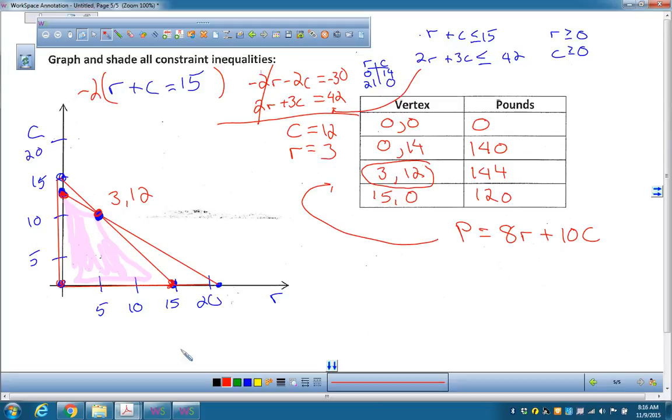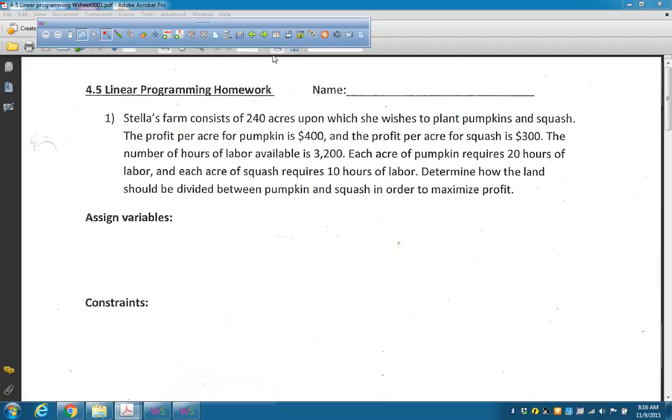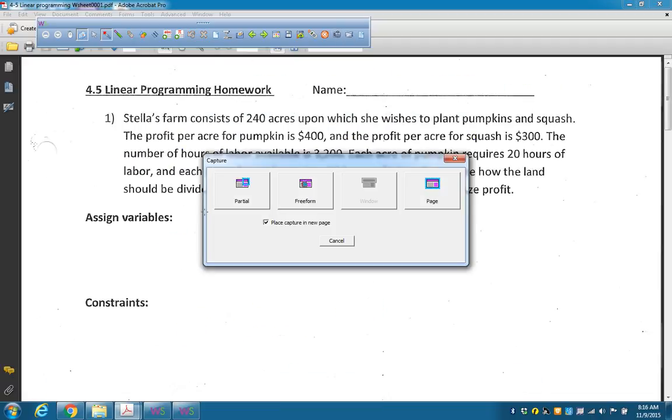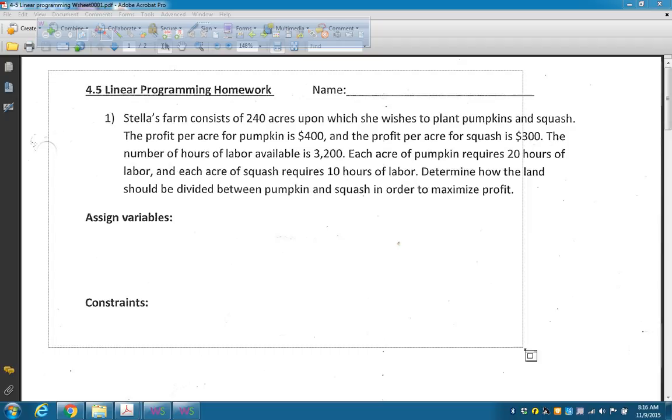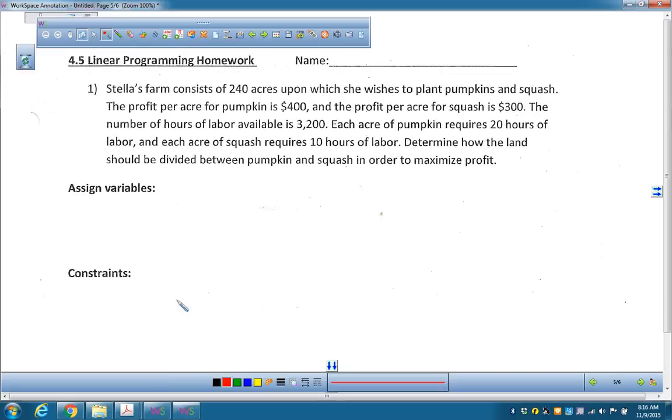So I think you guys, we could figure out, oh crap, where did it go? There it went. I'm going to take a picture of it. So let's just set up the constraints really quick. Well, let's set up the objective function. Objective function, well, first we have to do the variables.